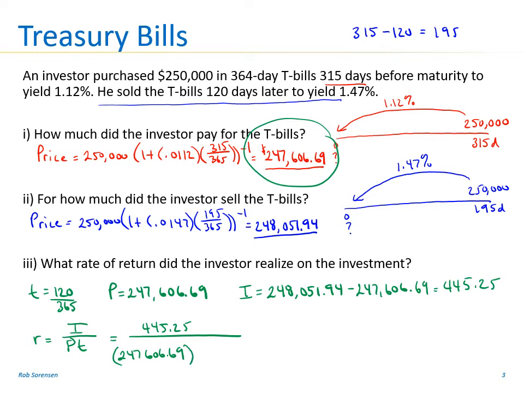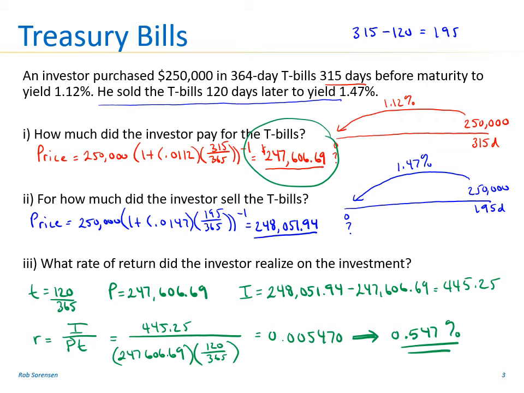And he was in there for 120 days. Once I do all the calculations on that, I end up with 0.00547, which becomes 0.547%.